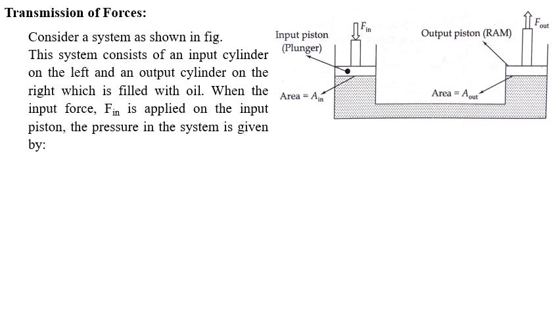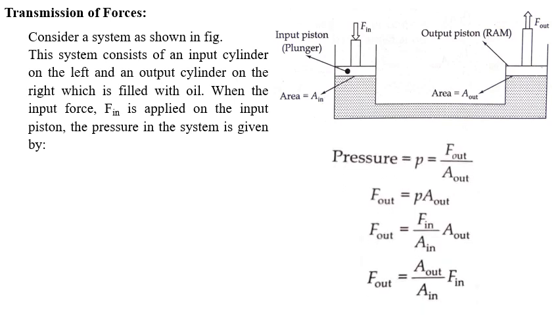A in means area of the piston at input. A out, area of the piston at output. The relationship between the input force and output force is given by P equal to F out by A out.